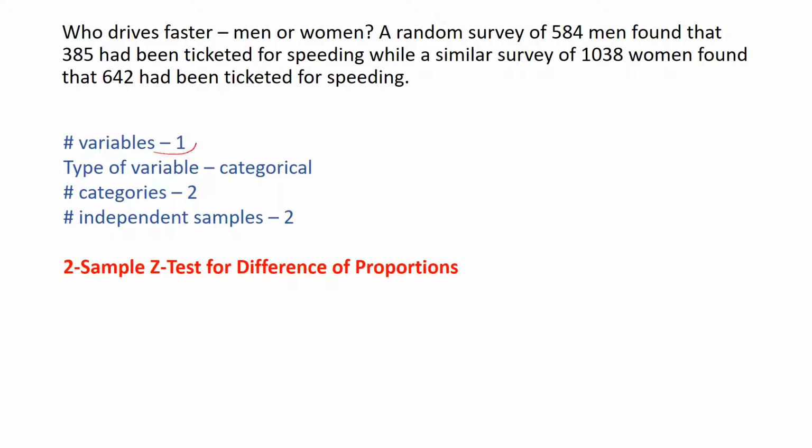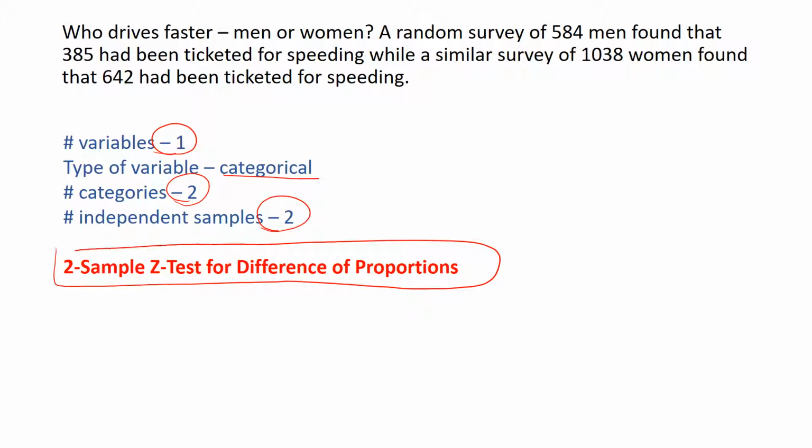So we have only one categorical variable. It has two categories. They've either been ticketed or not ticketed. We now have two independent samples. So this is a two-sample z-test for the difference of proportions.